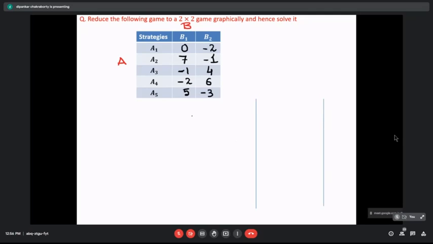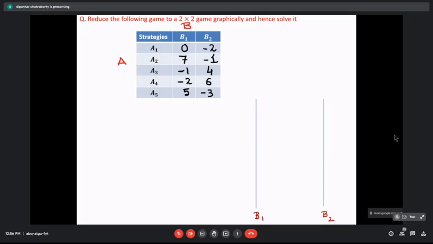Last time they represented the strategies for player A. This time these two vertical lines will represent the strategies for player B. So this vertical line represents B1, this vertical line represents B2.